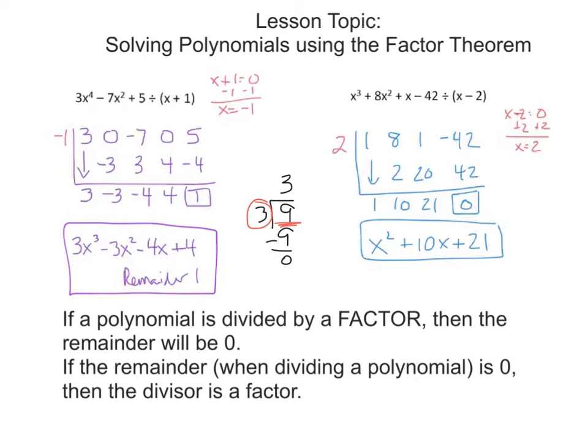Whereas we've also taken a number, let's say 10, and divided that by 3 and said, okay, 3 times 3 is 9, and we subtract and we get 1, and we have a remainder of 1. Since we have a remainder of 1 here, we know that 3 is not a factor of 10 because it did not evenly divide into it.